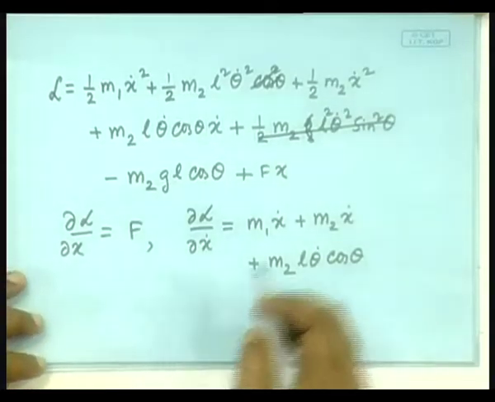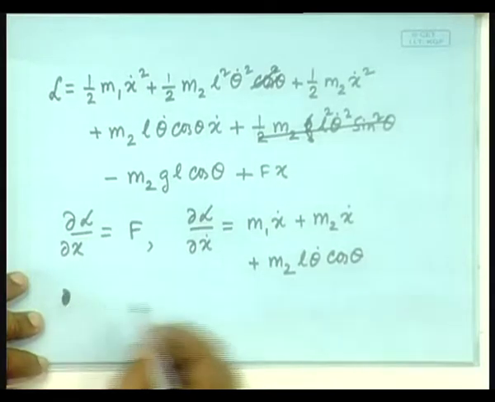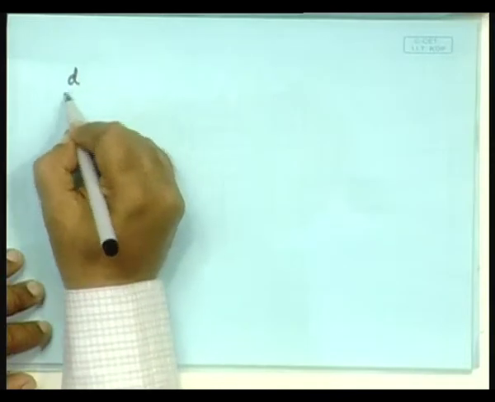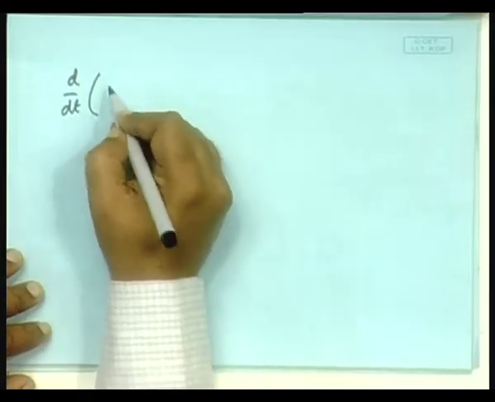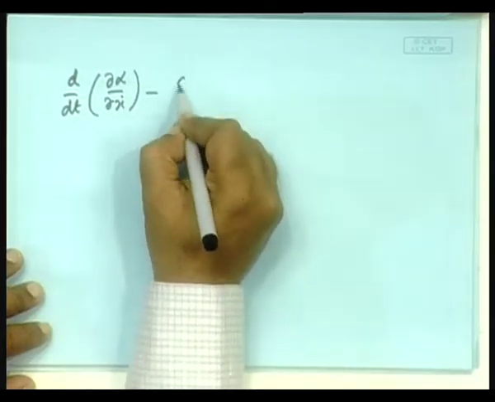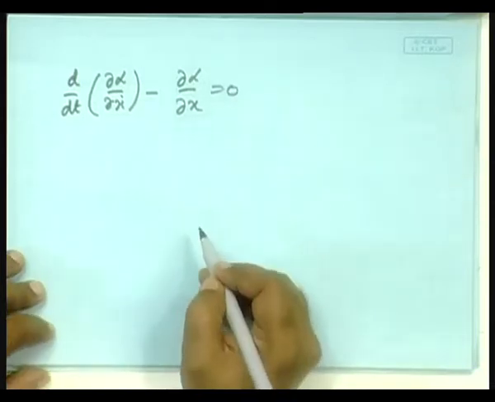So, let us write the equation from here. The equation would be d dt of Lagrangian with respect to x dot minus Lagrangian with respect to x equal to 0.